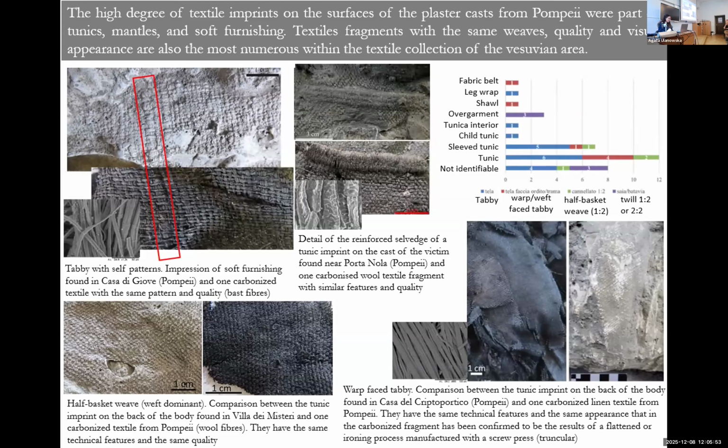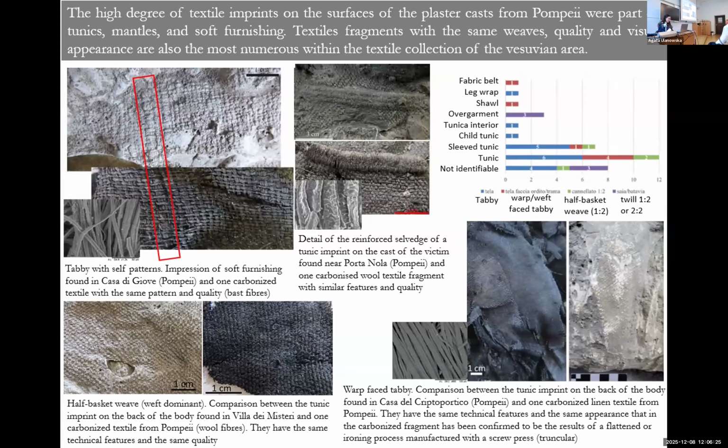It was very interesting to find on the casts mostly the same type of fabric with the same quality as that of carbonized textiles, confirming the high level of standardization of the Vesuvian fabrics. So it was possible, of course, to infer the function of the carbonized fabric, but also to infer the type of fabric used to produce the textile that we found imprints of in the casts.